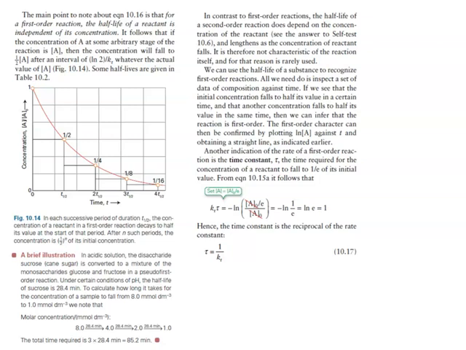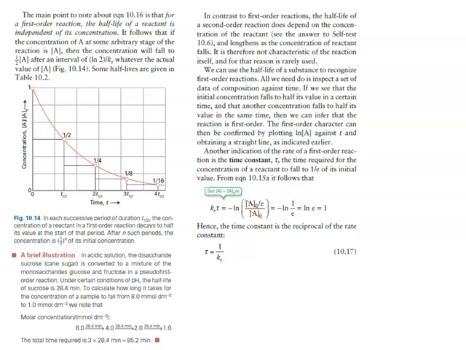It follows that if the concentration of A at some arbitrary stage of the reaction is A, then the concentration will fall to 1/2 A after an interval of natural log 2 divided by k, whatever the actual value of A may have been. Some half-lives are given in table 10.2.